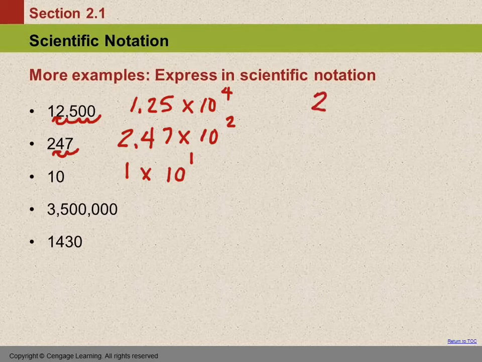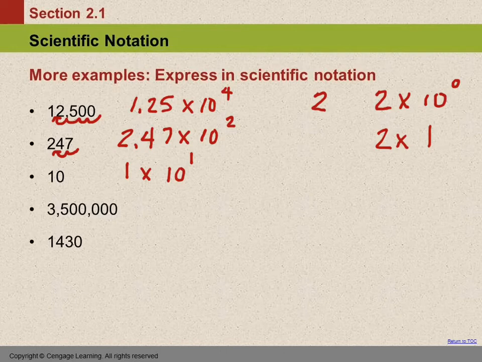What would that be in scientific notation? 2 times 10 to the 0. Because if we go 2 times 10 to the 1, that would be 20, right? Anything raised to the power of 0 is 1. So 2 is 2 times 1, right? 10 to the 0 is equal to 1. It's a 1 with 0 zeros after it. So that was an extra one.